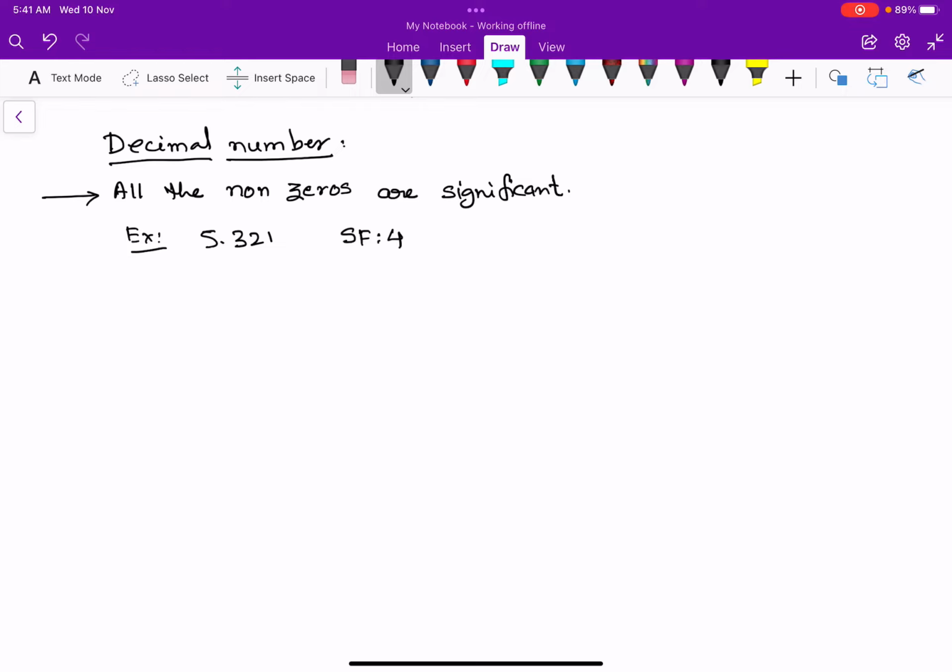Another example: 28.327. Significant figures are 5.